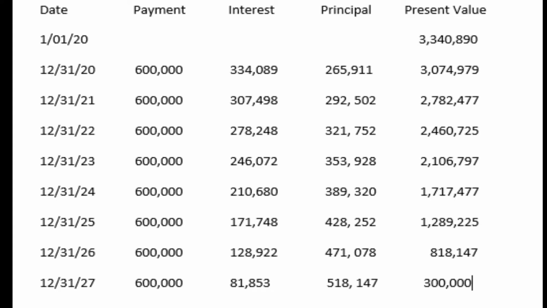Kapag ating pinag-minus ang payment at interest, lalabas ang ating principal, 265,911, at present value minus the principal to get the present value at the end of the year. Yun na yung ating 3,074,979. Ganun lamang ang proseso sa mga susunod pa.